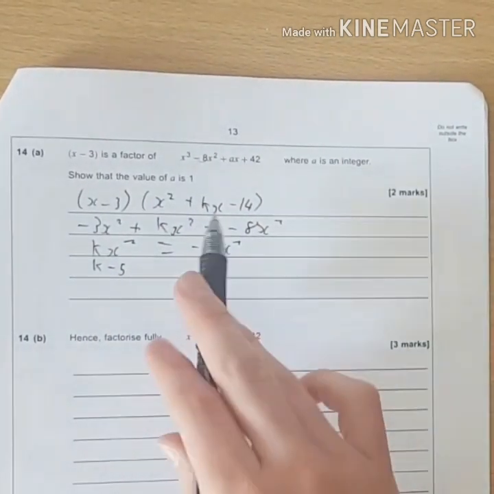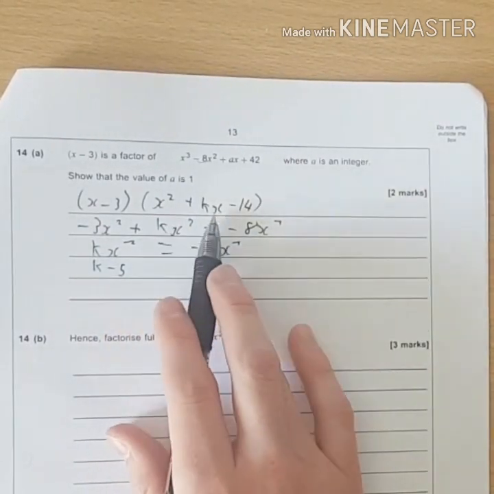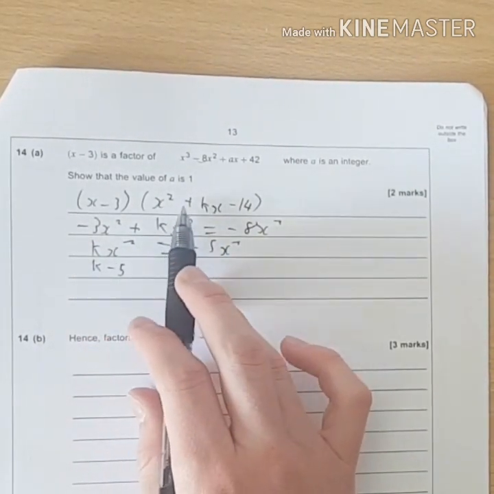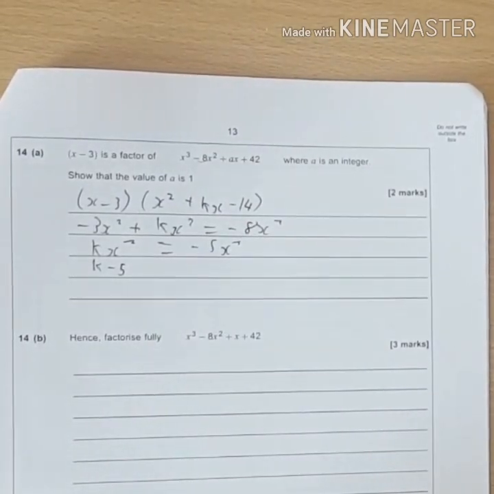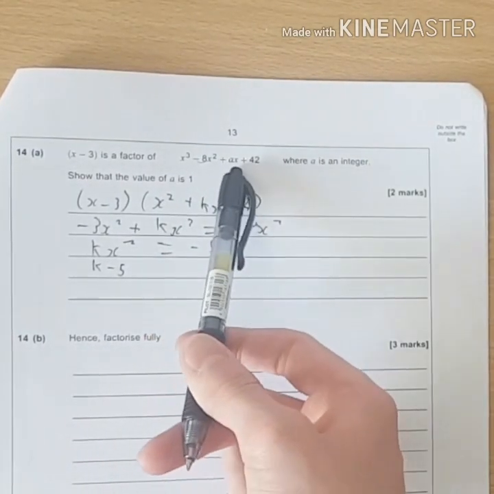So now we know this quadratic equation is x squared minus 5x minus 14, so we can use this to find ax, which is here.